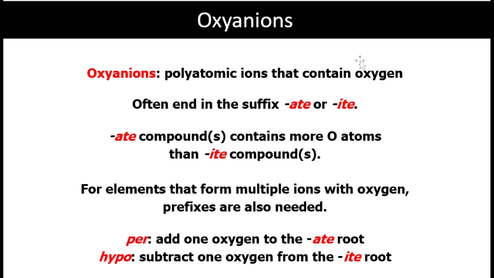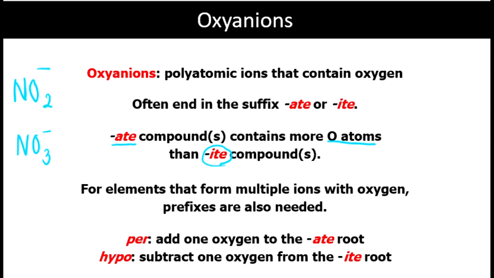One thing I'm going to help you with, to have a better understanding whenever you memorize: if you have 2 different ions for one element like this, NO2 1 negative, NO3 1 negative, always we have ATE for ions with more oxygen atoms and ITE when we have less oxygen atoms.